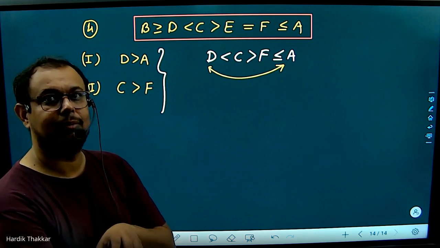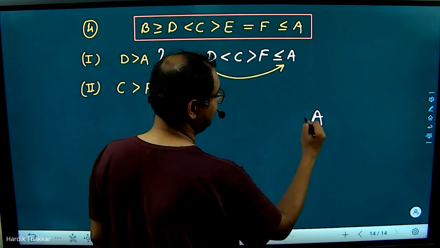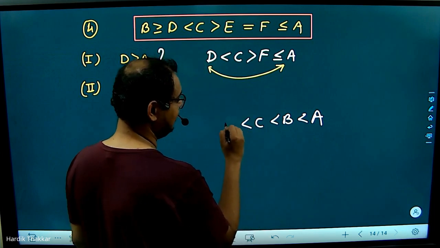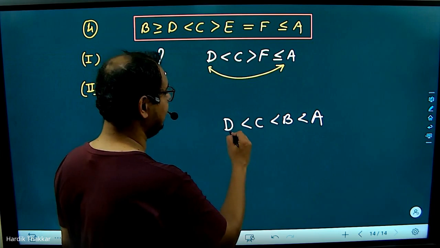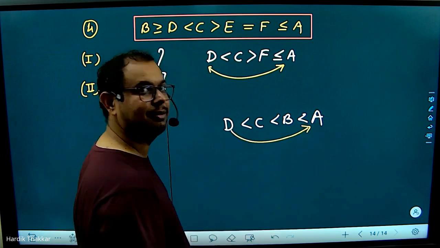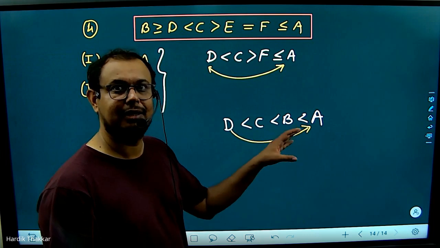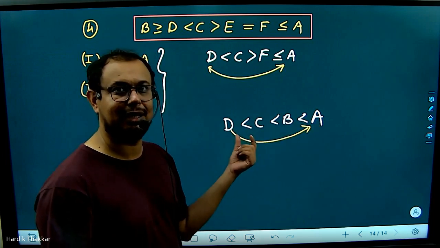If I have a condition like this: A is greater than B, B is greater than C, C is greater than D, then obviously I can conclude that A is greater than D. If the inequality signs are on the same side, we can draw a conclusion between the first and the last term.